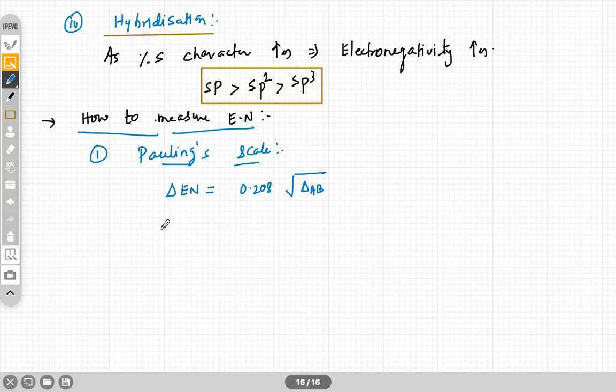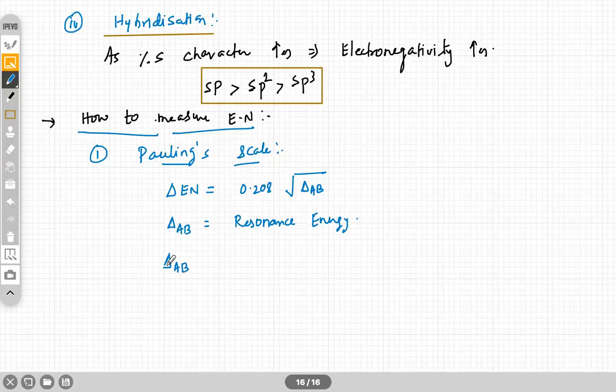Delta AB is what? Delta AB is the resonance energy, the energy involved in this particular molecule. We don't have to bother with this resonance energy over here. You just need to know how to find this delta AB. Delta AB is equal to the energy associated with the bond AB minus root over of the energy associated with the bond AA and the energy associated with the bond BB.